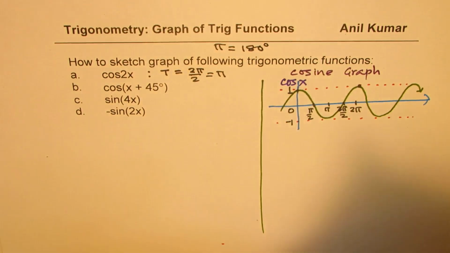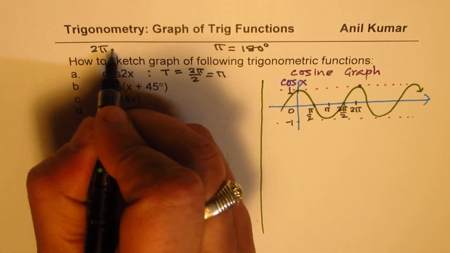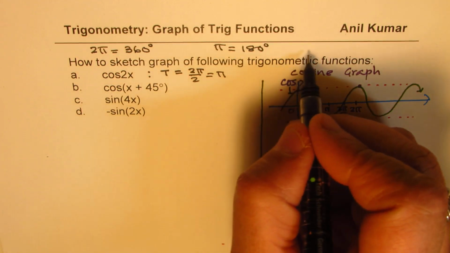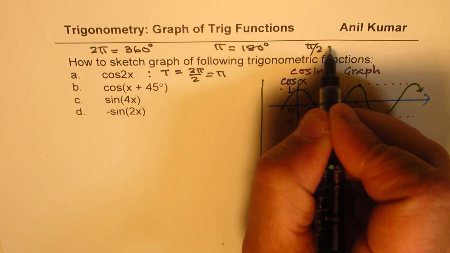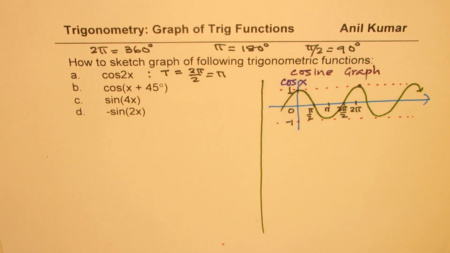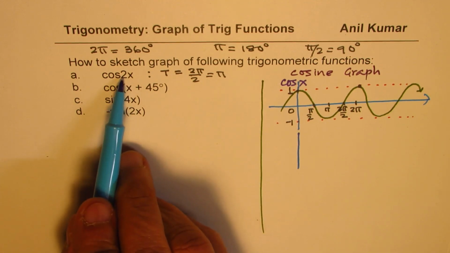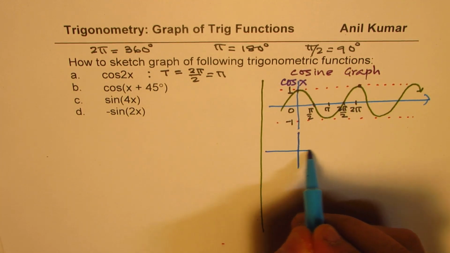You can always write 2 pi as 360 degrees, pi as 180 degrees, and pi by 2 means 90 degrees, correct? So for those who are working only in degrees, that is how they are related. Now let us see how to sketch the cosine function when it is compressed.